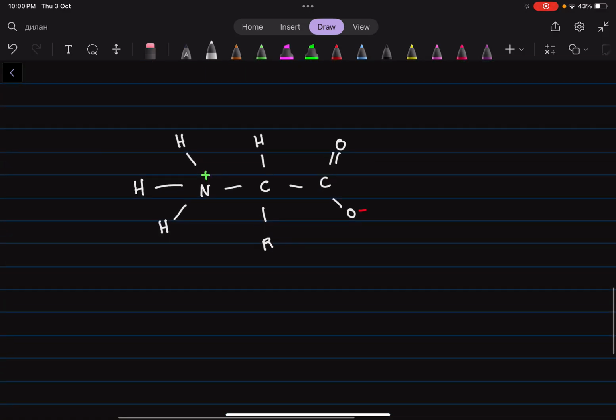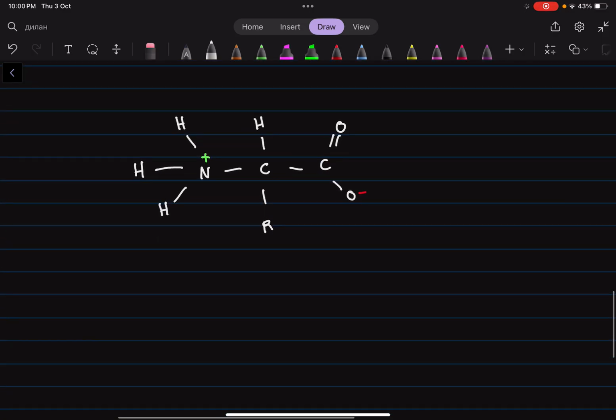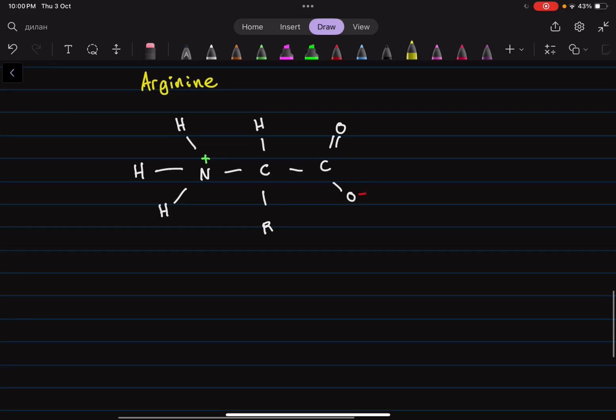Okay, say we have this Zwitterion. Let's just say it's arginine. Okay, this has an isoelectric point of 10.8.